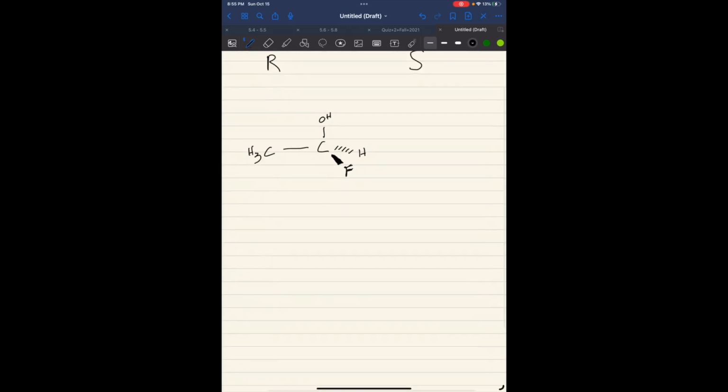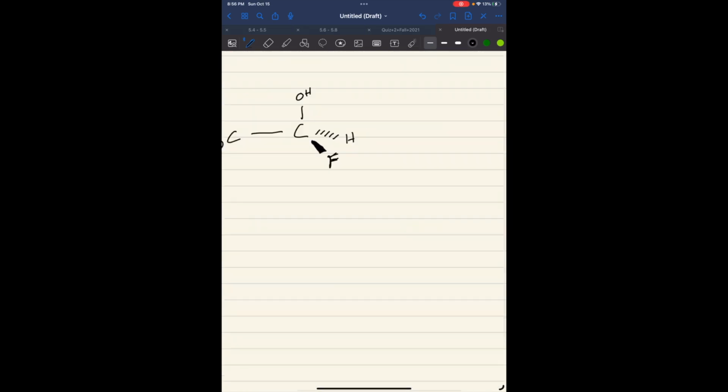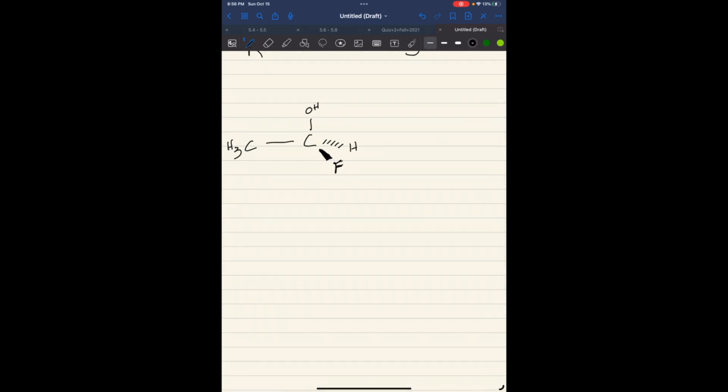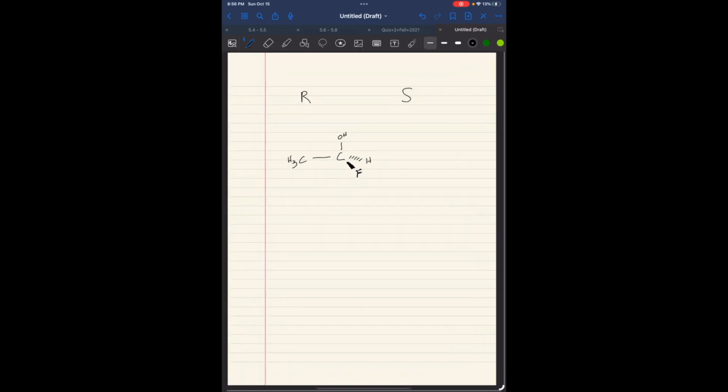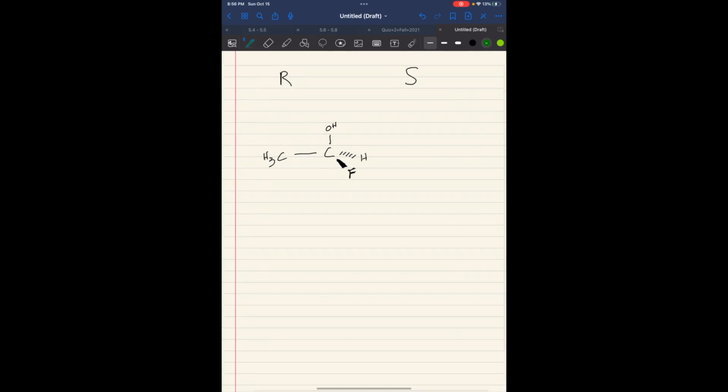I've drawn this molecule right here: carbon attached to hydrogen, a fluorine, an OH group, and a CH3 group. So this carbon is attached to 4 different groups. You see that the F, the H, the OH, and the CH3 are all different groups. Because it's attached to 4 different groups, that means it's a chiral center, right?